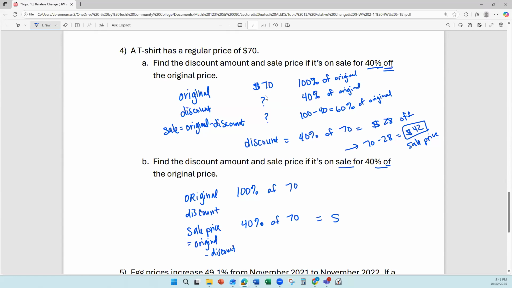40% of 70 is the $28. So it was 70 minus the discount to get 28. What gets subtracted from 70 to get 28? Basically, you can switch them around, if we add x to both sides and then subtract 28 from both sides. What was subtracted from 70 to get 28? That's the 42.